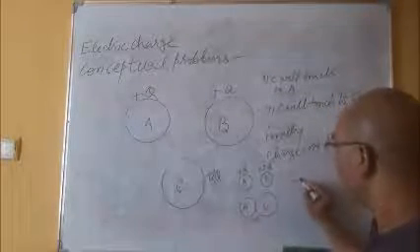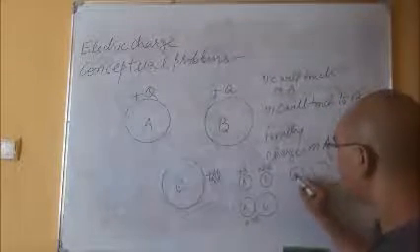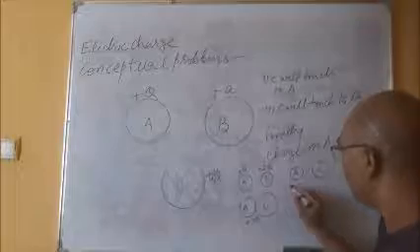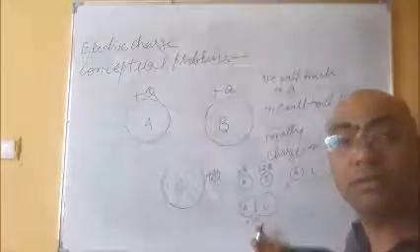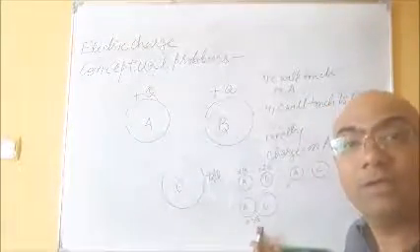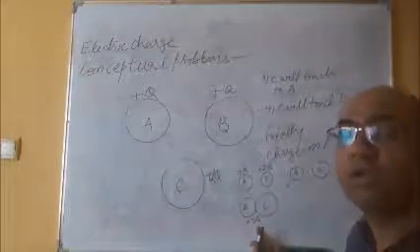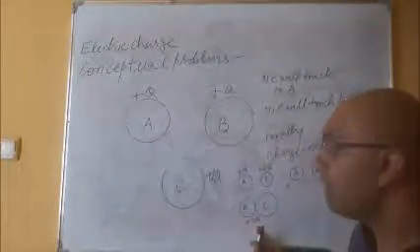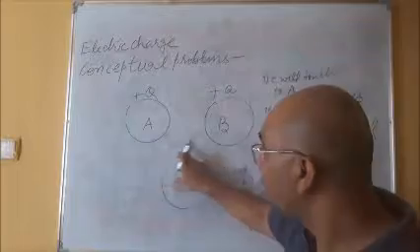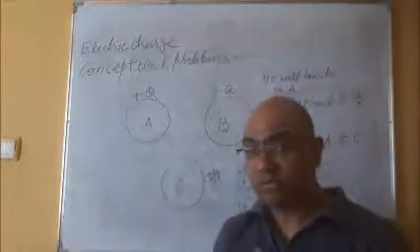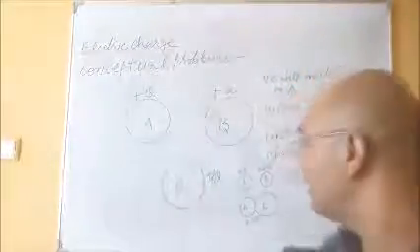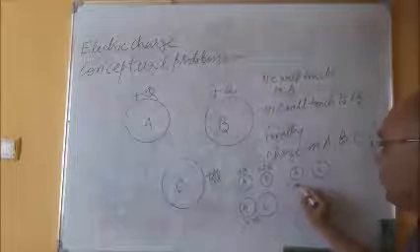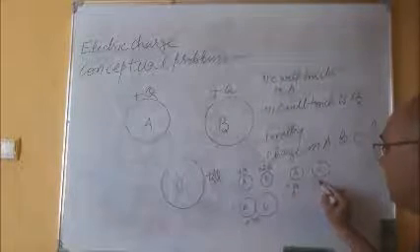In the third case, when we are separating A and C, this charge will be divided equally on both spheres, because I am supposing the surface areas of all three spheres are the same. Then plus 3Q by 2 and plus 3Q by 2.